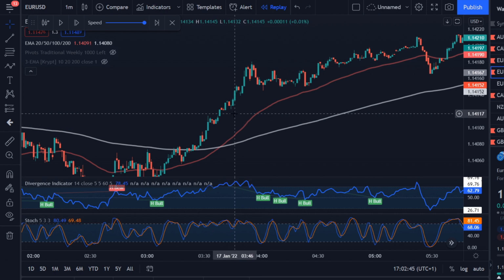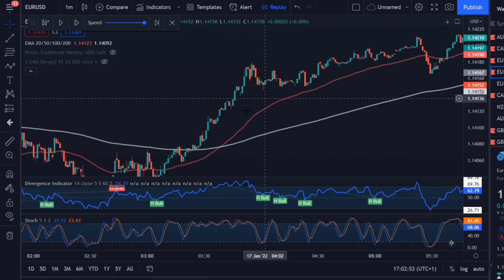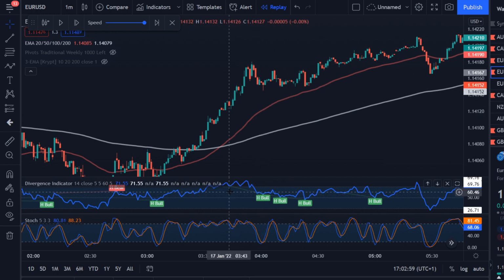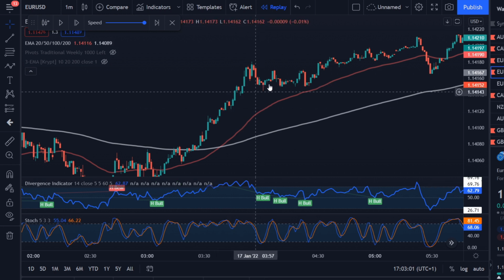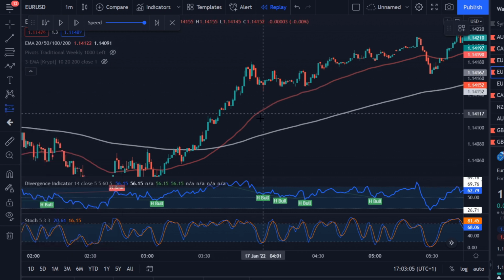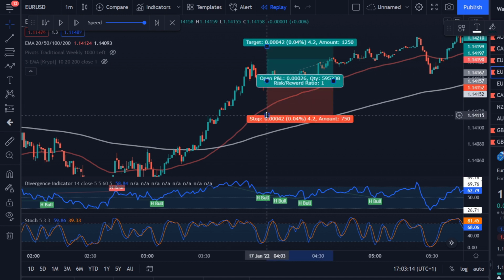Now I will show you the last example. This is a low over here. We see another low about here, and this low is lower than this low. Over here we see that this low is lower than this low. So yeah, we're talking about a divergence situation. Of course we look at the crossover on a stochastic, which is about here, and then we take the trade.